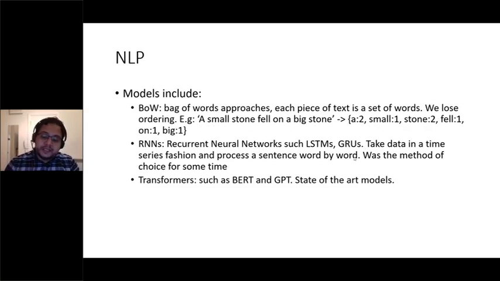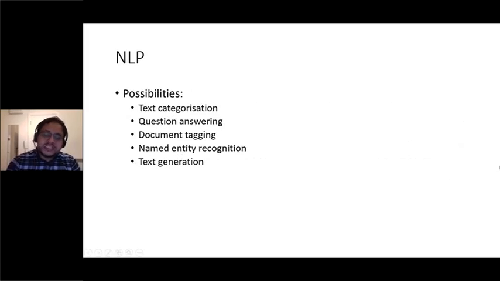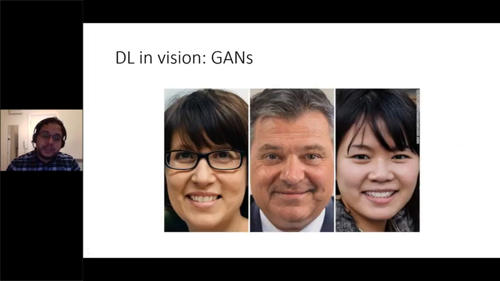And like images, in images, the spatial information matters, because a pixel that is here alone doesn't mean a lot. 1 pixel black or white doesn't mean a lot. But the closest pixels to it can combine with it to make something meaningful.